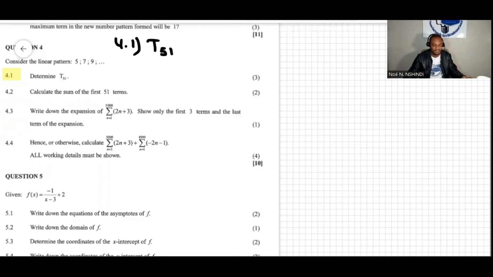Now, the linear pattern is given by 5, 7, 9, etc. Because it is said to be a linear pattern, we understand there is a constant difference between the terms. We can work out the constant difference: 7 minus 5 is 2, and 9 minus 7 is 2. So that's d.